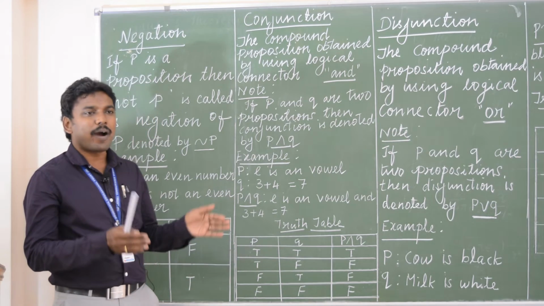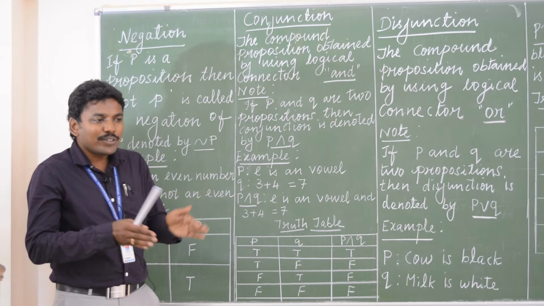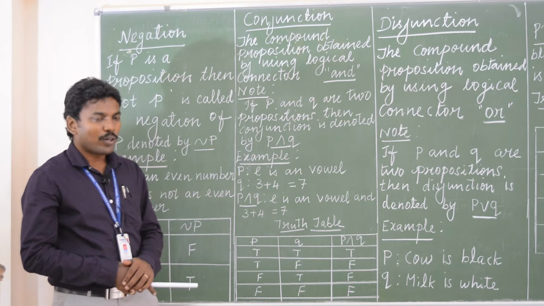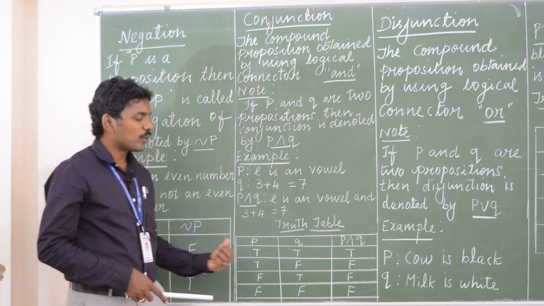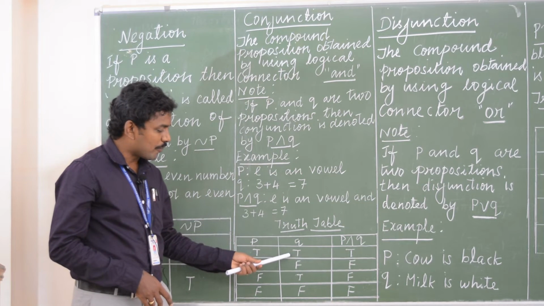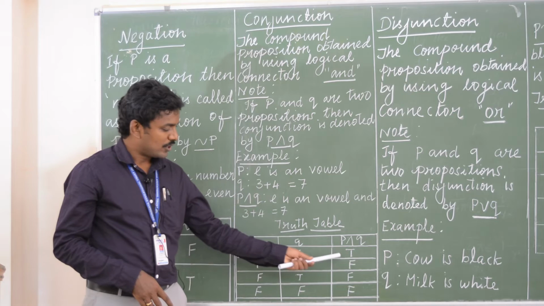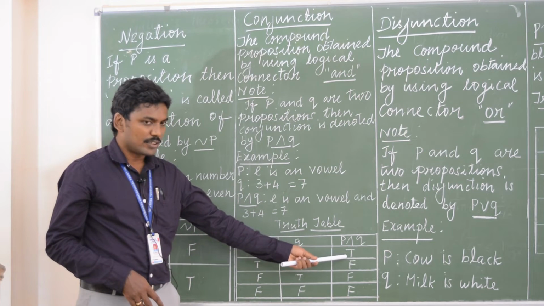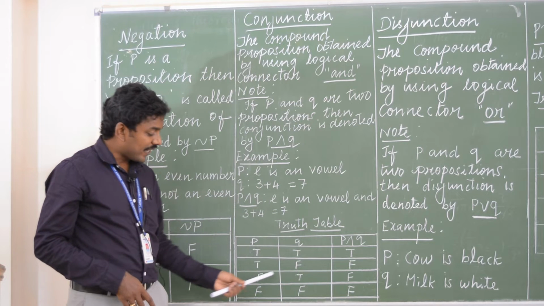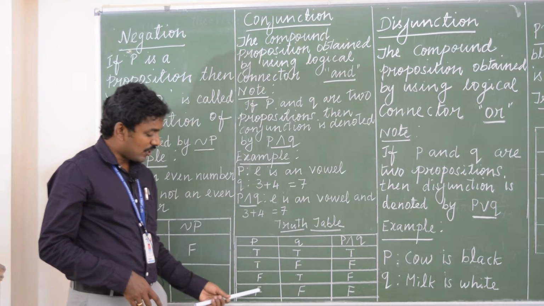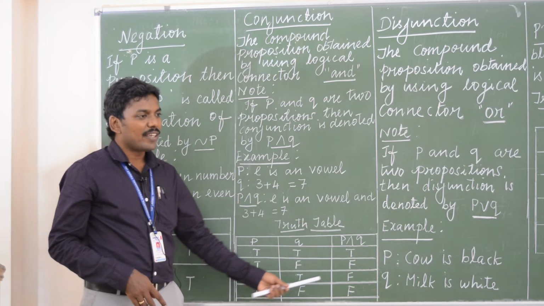Since AND binds both the sentences, the truth table for AND is true only if both are true. Once again, A and B should come to staff room. True. A and B, true. A but not B, false. Not A but B, false. Not B and not A, false.